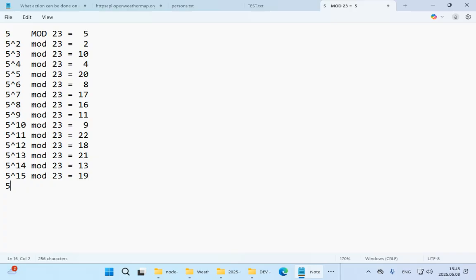So 5 to the power of 16 mod 23. What will be the result? 16.